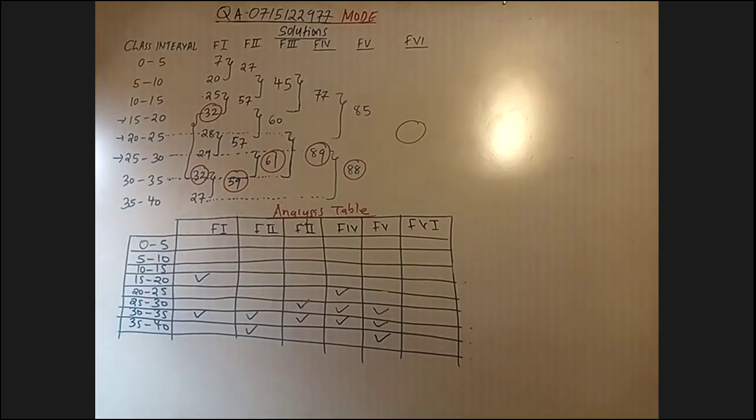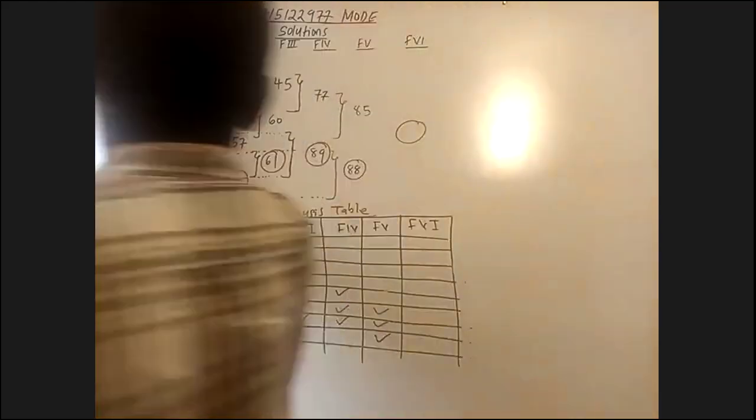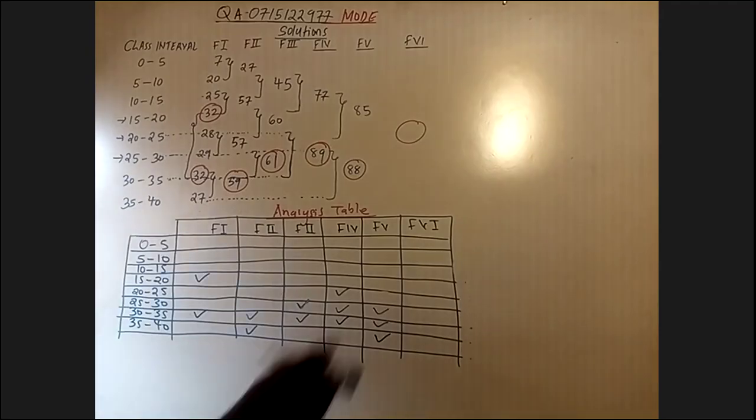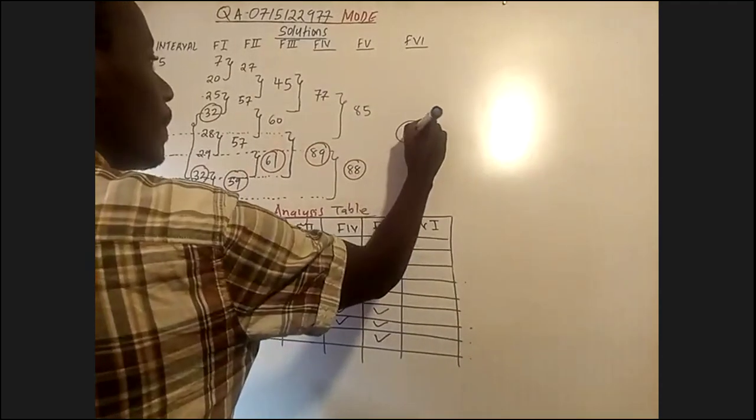But remember you ignore the first 3. So 32 plus 28 plus 29 plus 29. How much do you get? 121.